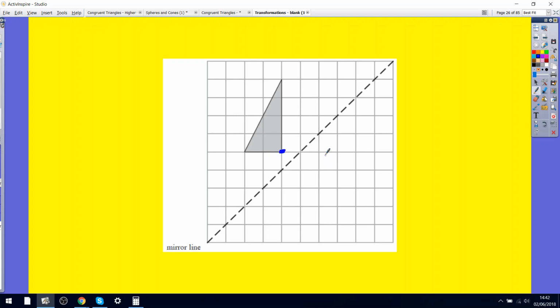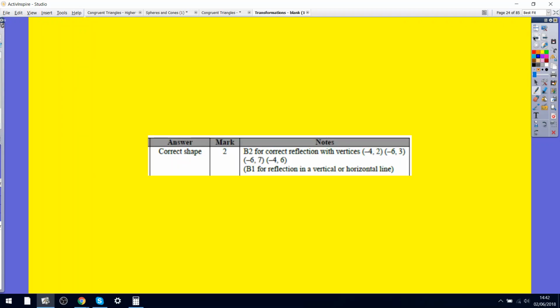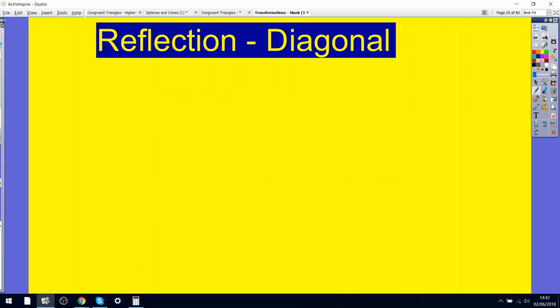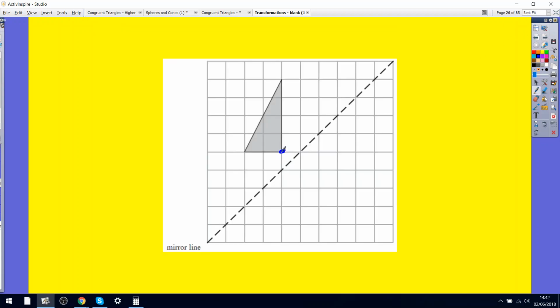So the way you do these is because it's diagonal. You're always going perpendicular to the mirror line, so let's say this one, you're always going head on to it. Because this one is diagonal, you count how many diagonals away it is, because you're reflecting it head on, perpendicularly.